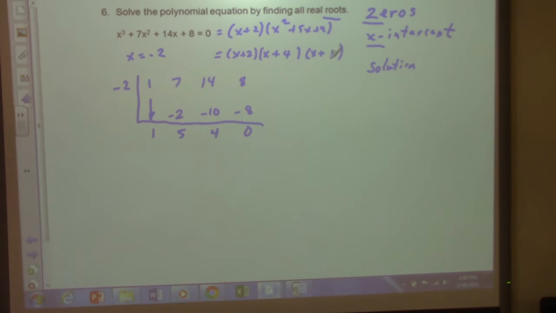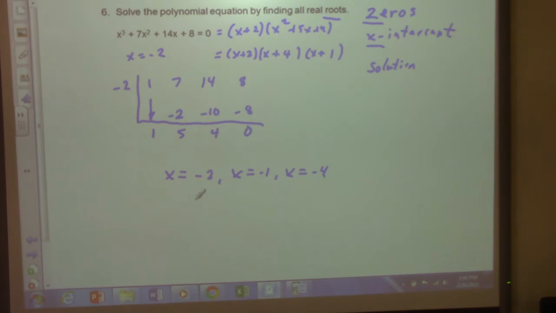Yes, 4x, 1x, that looks good. Okay, so the solutions are going to be x is equal to what? Well, x is equal to negative 2, right? And what else? X is equal to? I did x equals negative 1. Negative 1. X equals negative 4.